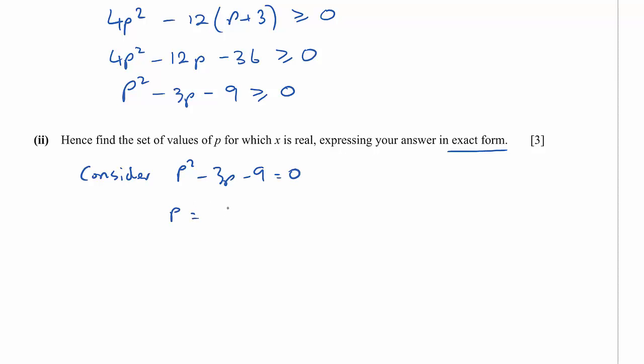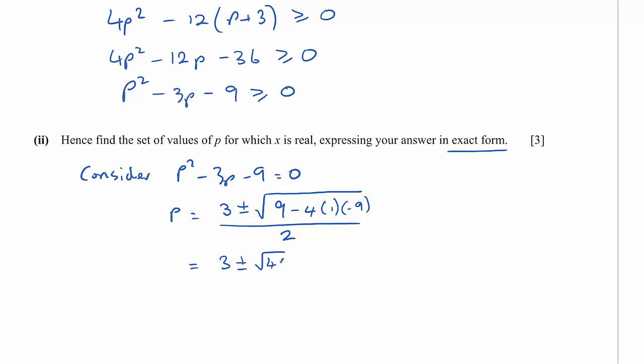And then p is going to be 3 plus or minus the square root of 3 squared, which is 9, take away 4 times 1 times negative 9, all over 2. So that's 3 plus or minus, this is going to be 36 add 9, so root 45.